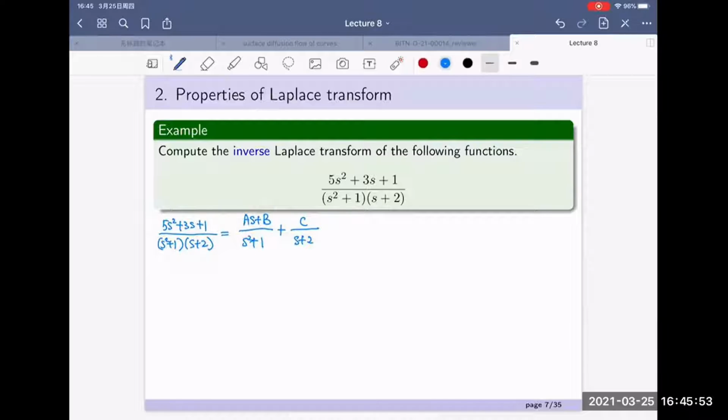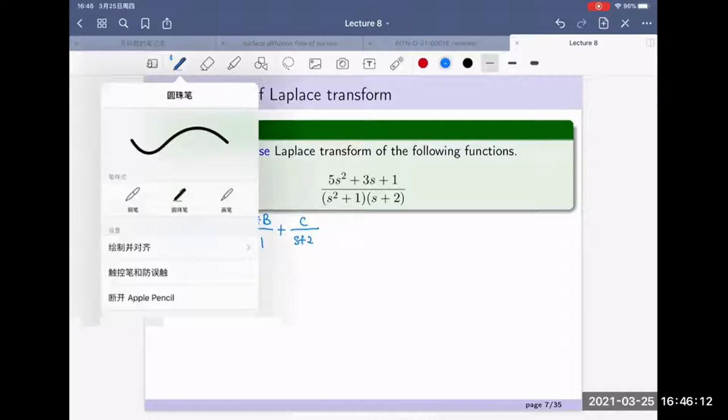So after decomposition, the degree is also smaller than the denominator in each term, but you don't know the coefficients. You don't know what A, B, C are. That's what you want to compute. You want to compute A, B, C, some constants, such that this decomposition holds. If you can find constants A, B, C, then you get such a decomposition.